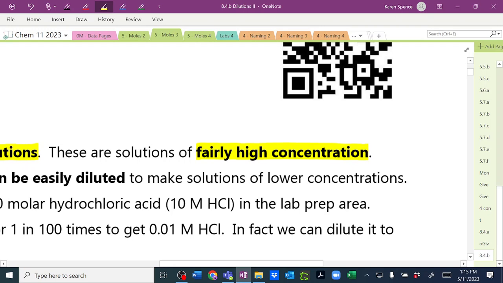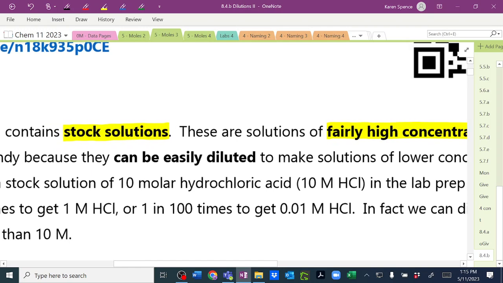The reason we have this is we don't always want to be mucking about with the solid, measuring out the amount. Sometimes the actual grams would be so small it would be hard to weigh out. So it's nice to have a solution of high concentration that we can easily dilute to get a lower concentration.